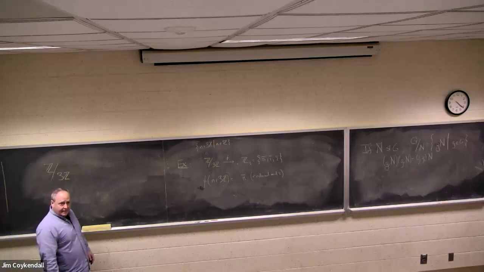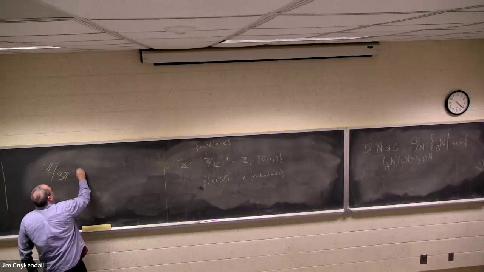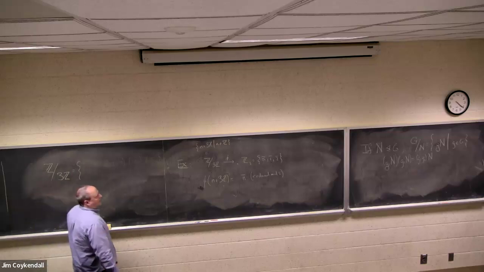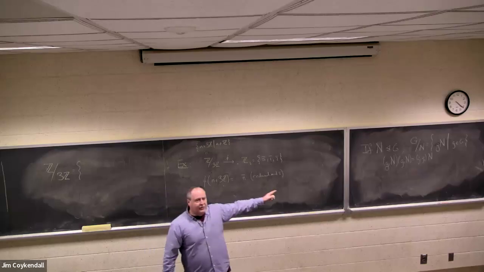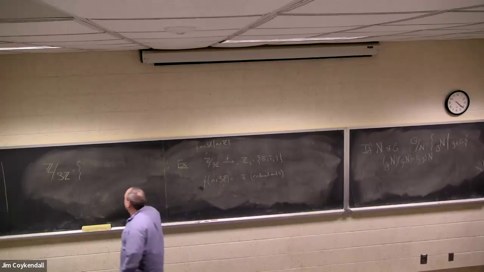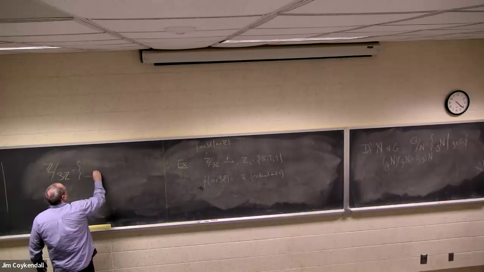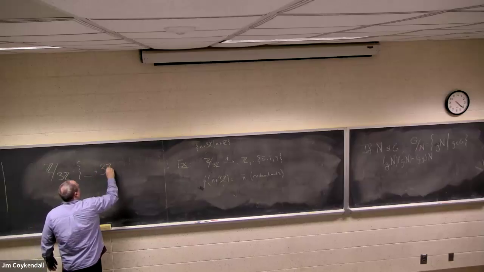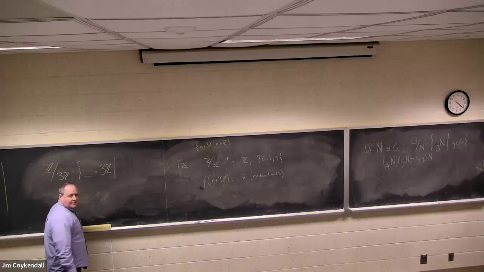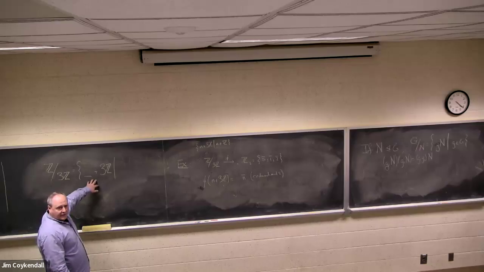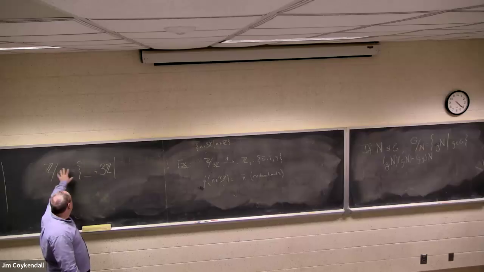And so this is just, instead of little g times N, I'm going to say little g plus N. Because instead of multiplying the coset, I'm adding, because my operation here is additive, it's abelian.